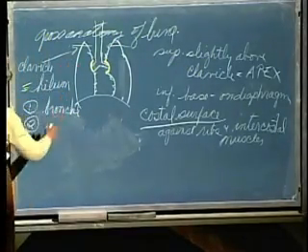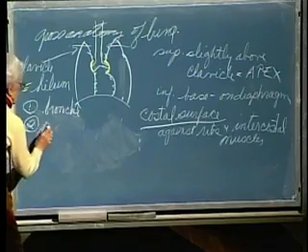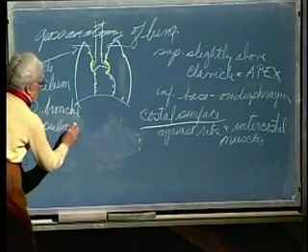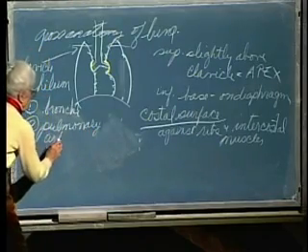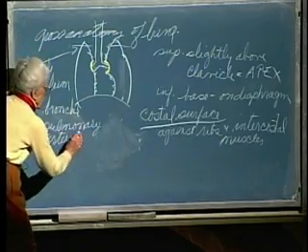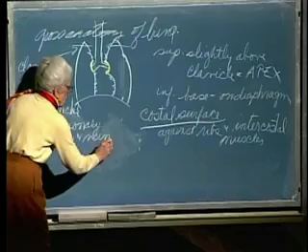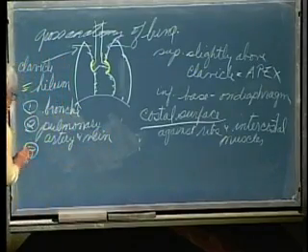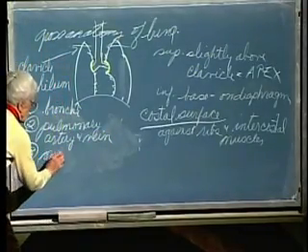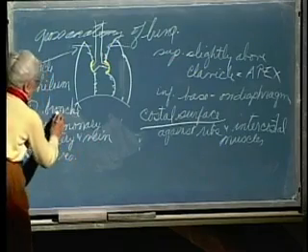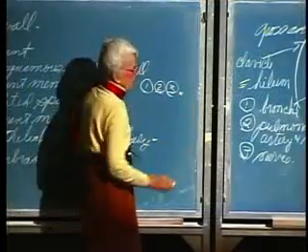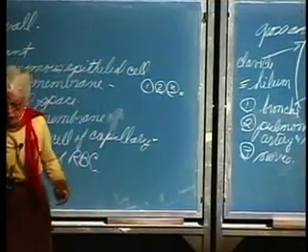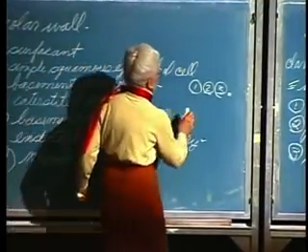I can't put them in because there's not room, so we'll just put pulmonary artery and vein. And third will be the nerves. So these three structures, 1, 2, and 3, make up what's called the root of the lung. This is the root of the lung.